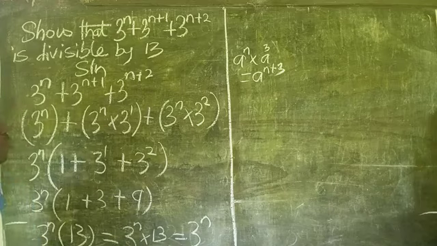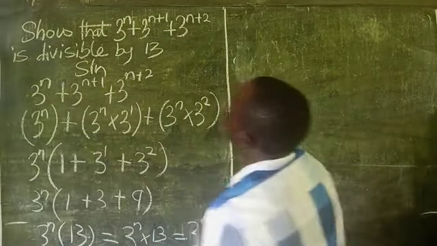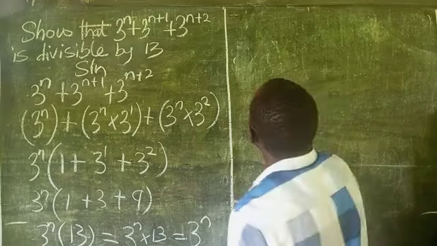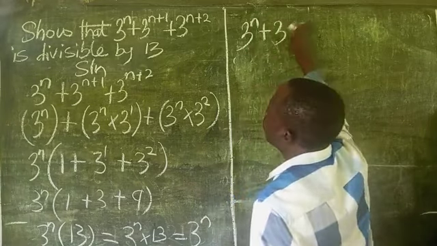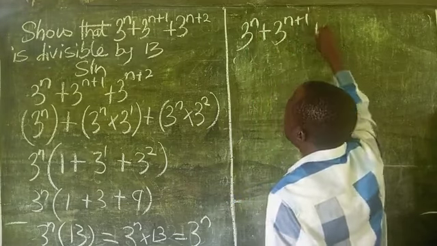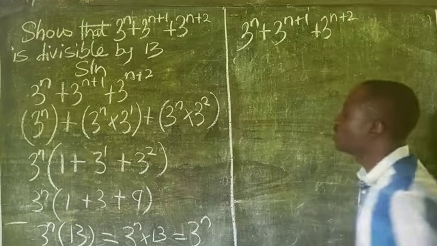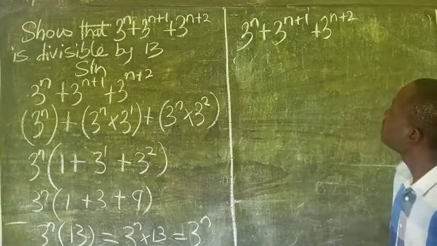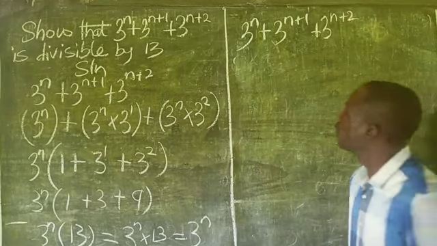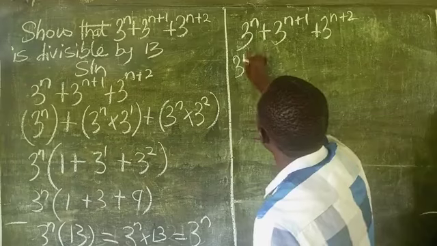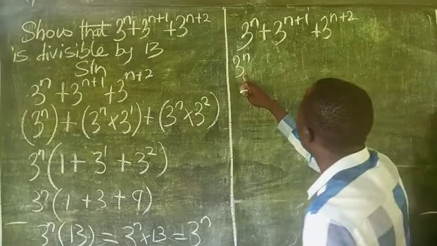But also to further prove this, we can see that from the equation given, 3 raised to power n plus 3 raised to power n plus 1 plus 3 raised to power n plus 2 is a typical geometric progression. What do I mean? If the first term is 3 raised to power n, and we multiply the first term by 3, what will become of it?